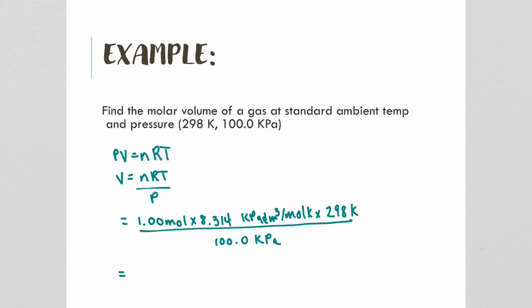That is equal to 24.8 liters per mole. So every mole of a gas, again, remember all gases are the same. They have the same number of particles at a specific volume. So 1 mole of a gas at standard ambient temperature and pressure is 24.8 liters per mole.